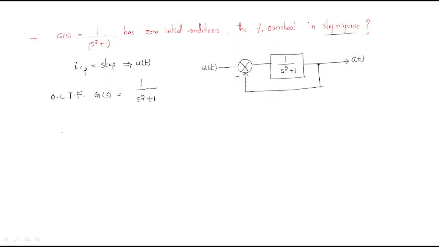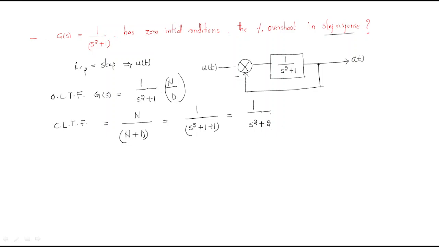From this we can find the closed loop transfer function, which is numerator by numerator plus denominator. Here the numerator is 1 and the denominator is s square plus 1 plus 1. So we have 1 by s square plus 2.